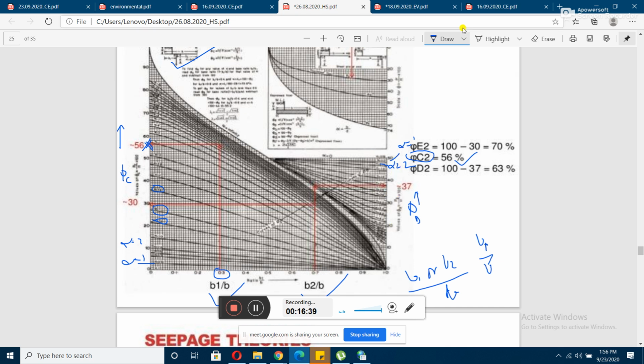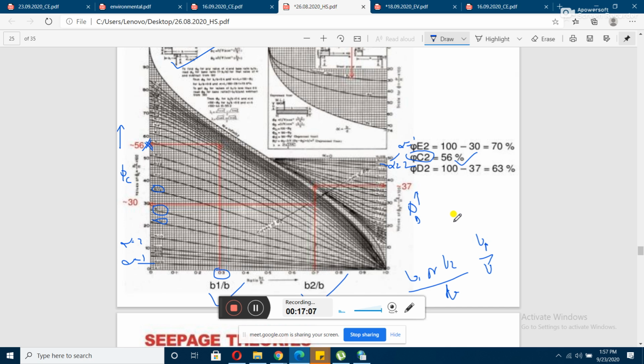For this purpose we will be taking the axis b2 by b. I have told you that phi e2 and phi d2 will be dependent on the b2 value, right?